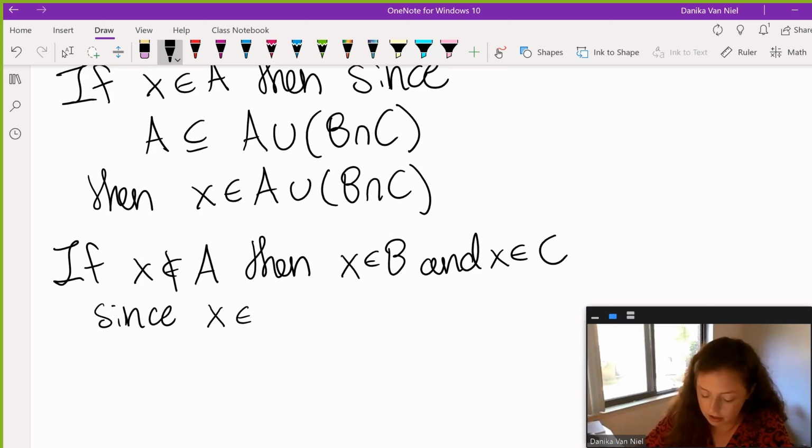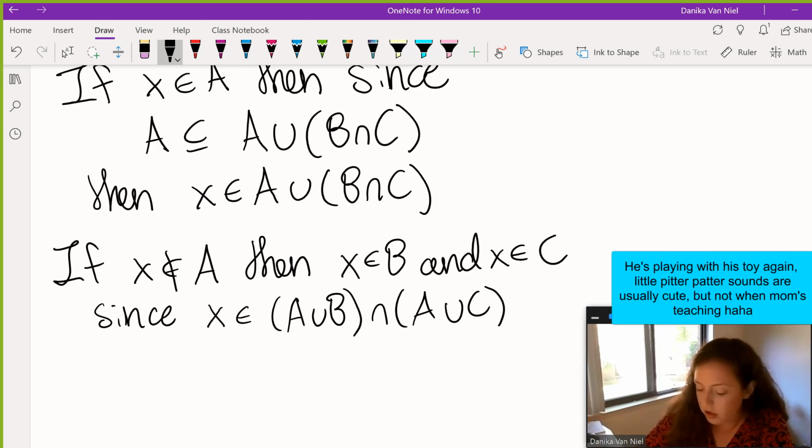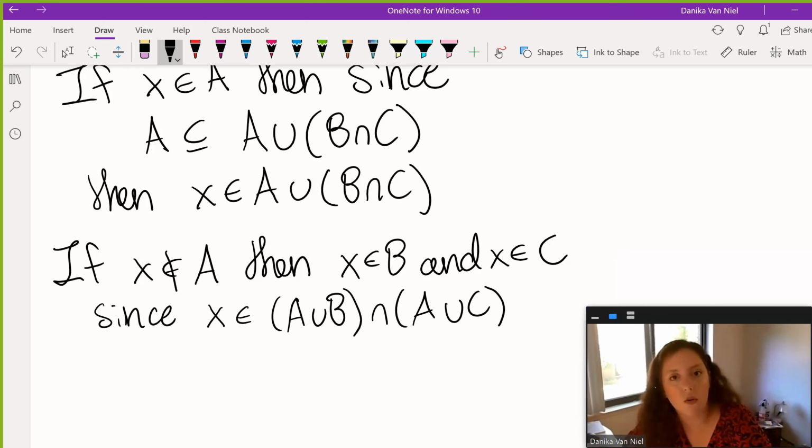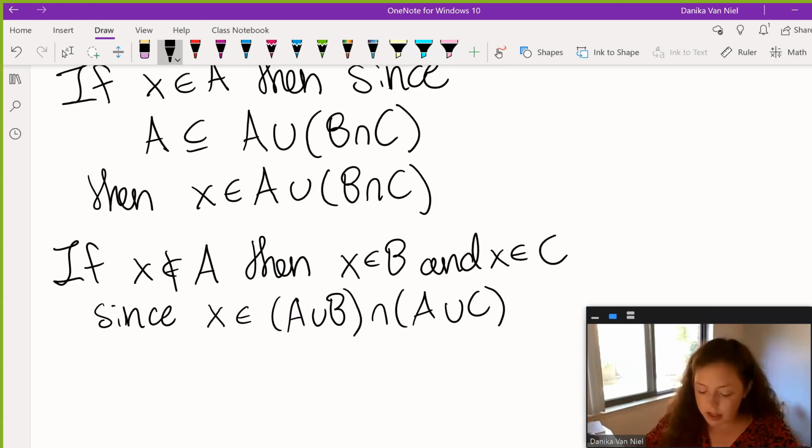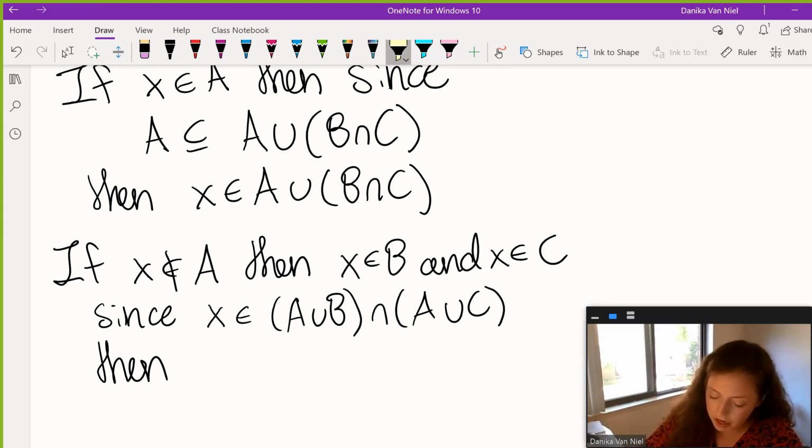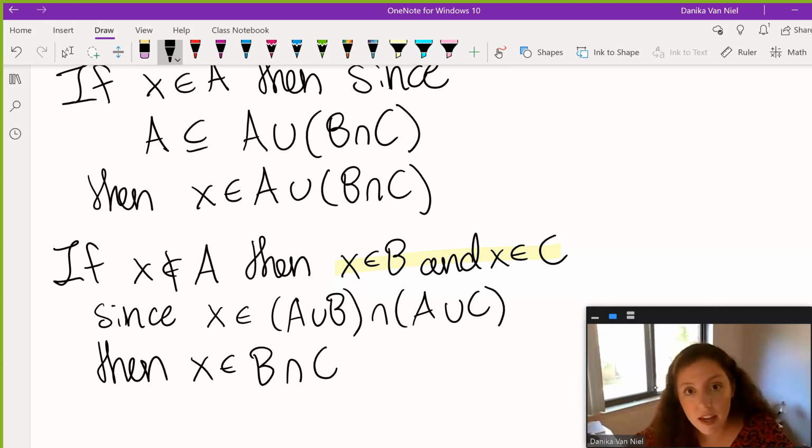Since X is in A union B intersected with A union C. So you just always want the grader to know that you know what you're talking about. I know that that's true because of this. Now what's next? Because of this up here, by the definition of intersection, X is in B intersects C. Wait a second, that's what we wanted.